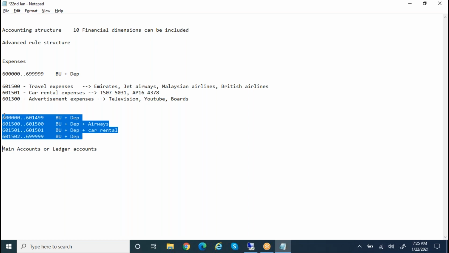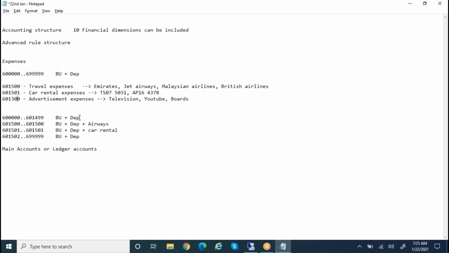Suppose there are 20 structures, 20 ledger accounts separately, then you need to create around 40 structures. You need to configure around 40, because now 601300. So if you want 601300, you need to divide 601300 separately.